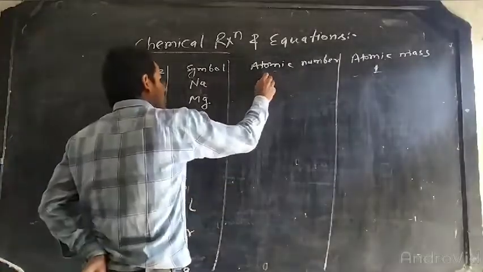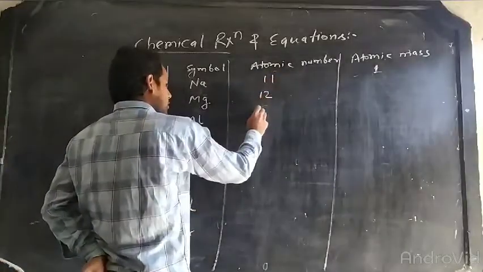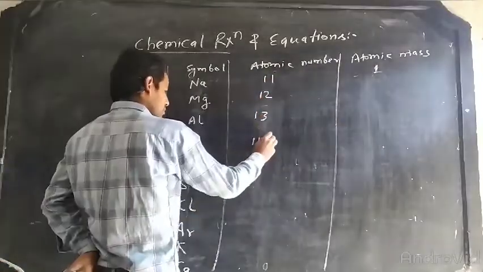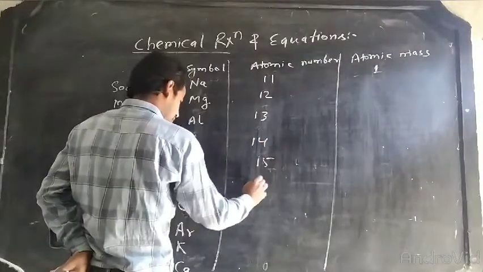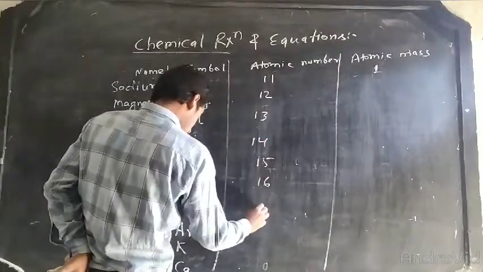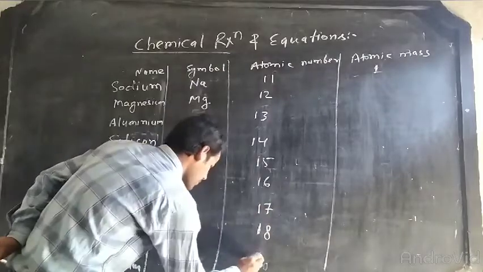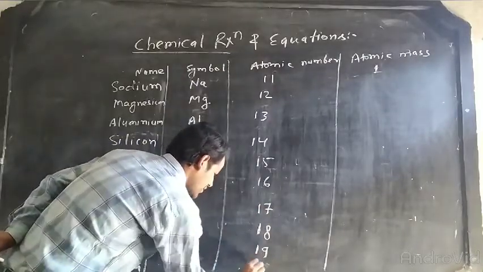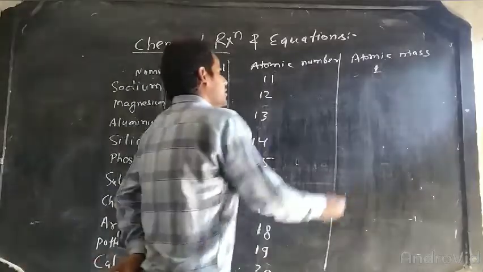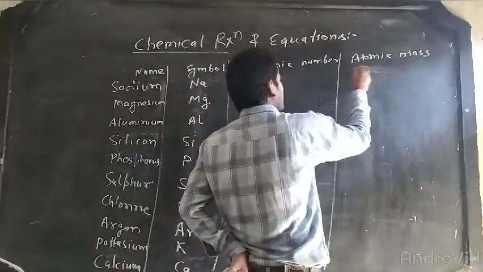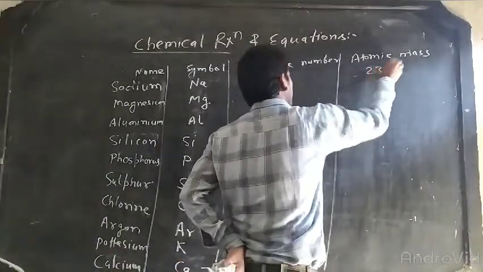The atomic numbers are 11, 12, 13, 14, 15, 16, 17, 18, 19, and 20. The atomic mass of sodium is 23.